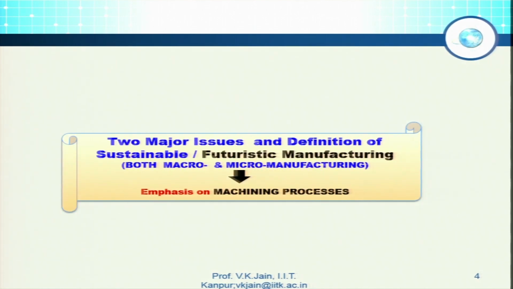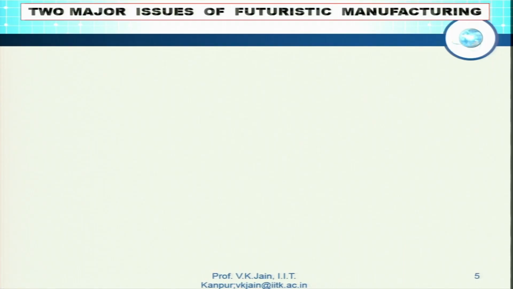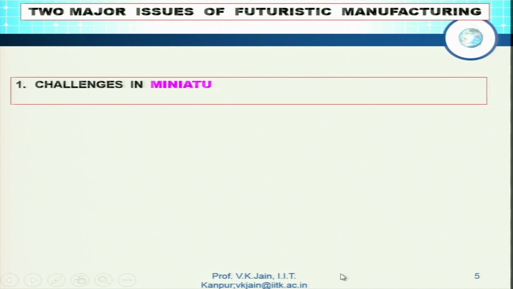2 major issues and definition of sustainable futuristic manufacturing, and we will discuss it with reference to both macro as well as micro manufacturing, but the emphasis will be on machining processes. 2 major issues of futuristic manufacturing.